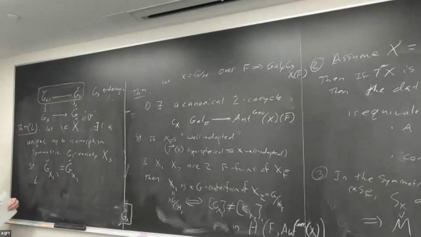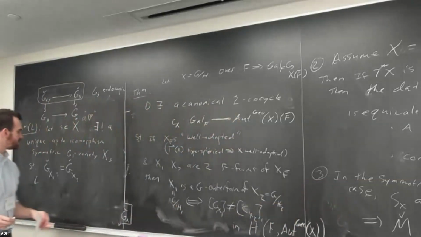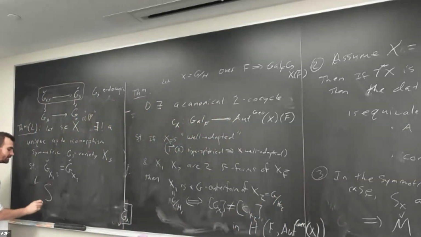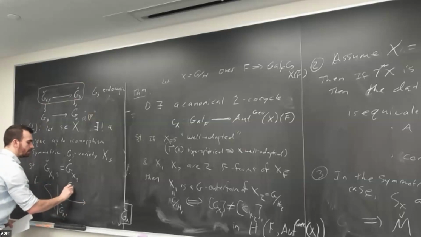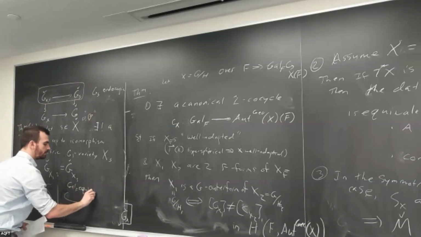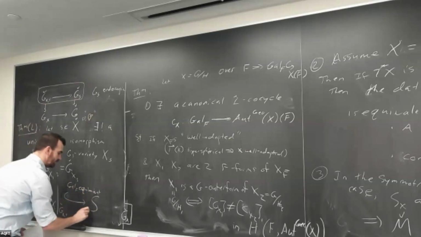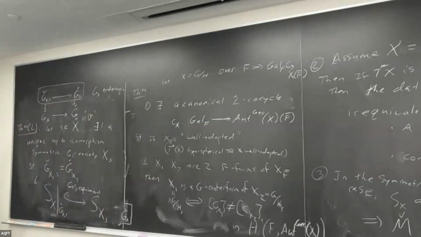And how do we pin it down in terms of this representation? The point is that the Galois actions are compatible. So if I take the symplectic representation of this larger group and I restrict it to this centralizer, there's a Galois equivariant embedding into the symplectic representation of the endoscopic variety.